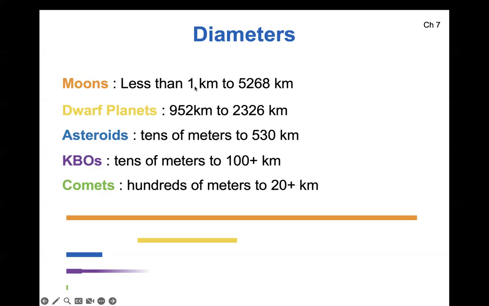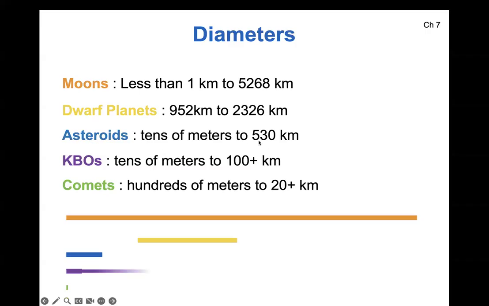Okay, so remember that there's 1,000 meters in a kilometer, so we're talking much smaller. Okay, just boulder size. Okay, large boulder, but just a boulder. To 530 kilometers. So you wouldn't get much bigger than 530 kilometers because any asteroid bigger than this has the potential of becoming a dwarf planet. Because it could become round or it could have formed round in the first place.